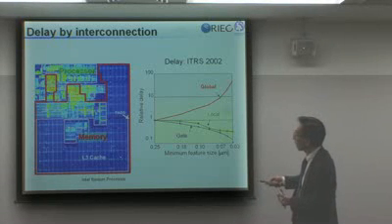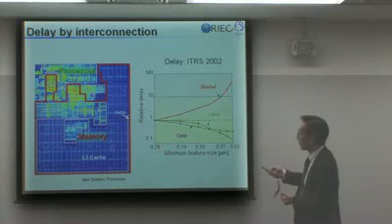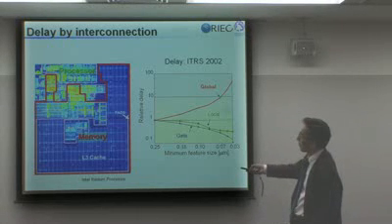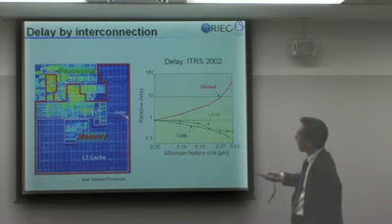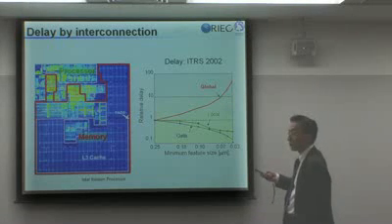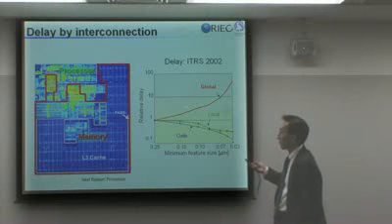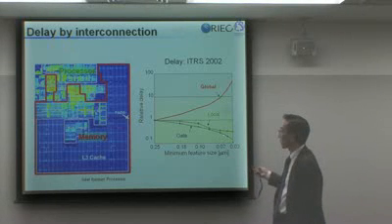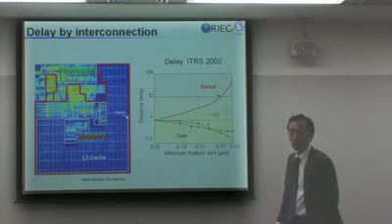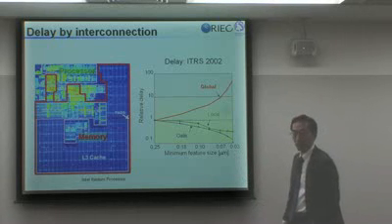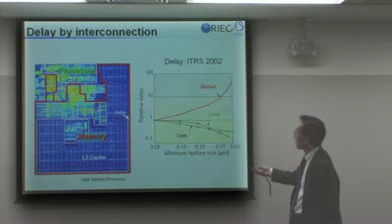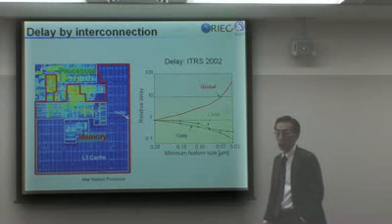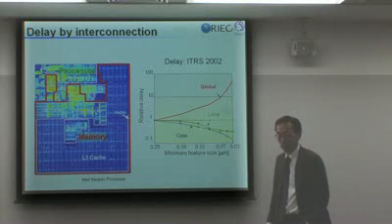But because you put more and more transistors into this processor, the global delay, if you don't do anything, goes up. So even though your transistor is good and fast, your system becomes slower. So that's delay by interconnection. And also you have to pay power to charge and discharge interconnection, which is another source of power consumption.